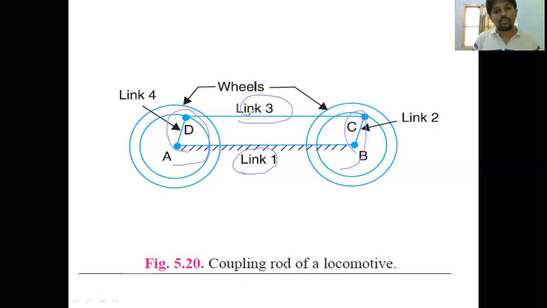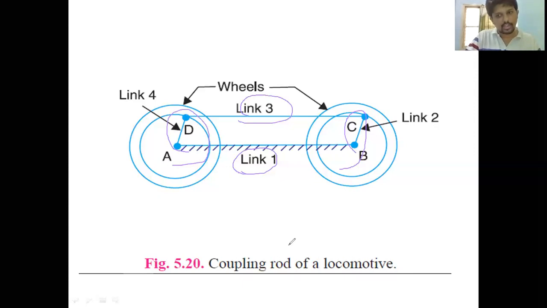What is the main objective of the coupling rod? For the beam engine, we said the main motto is to convert rotary motion to reciprocating motion. Whereas here, the main motto is to transmit the rotary motion from one place to another. If you have a wheel here, you have some crank AD with a rotation, and you are transmitting this rotary motion from AD to BC.